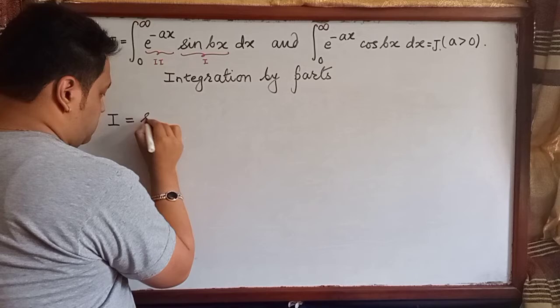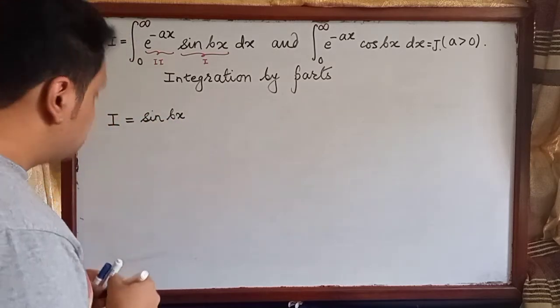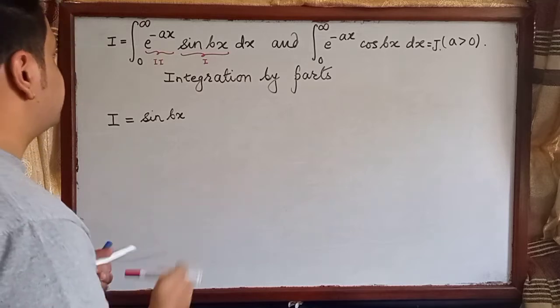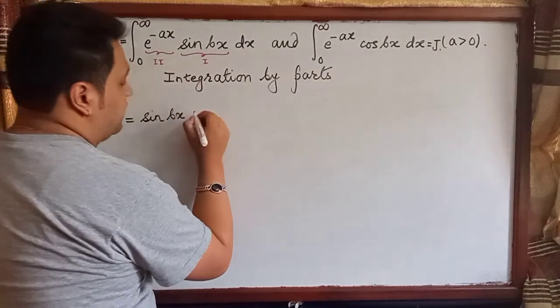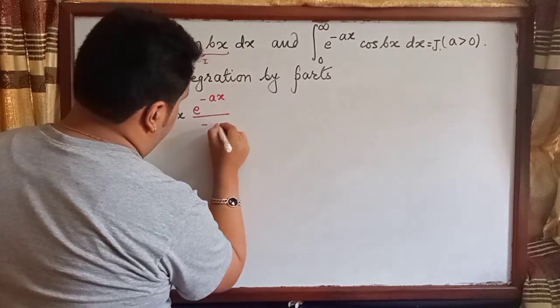First function into the integral of the second function. The integral of the second function is e to the power minus ax over minus a.